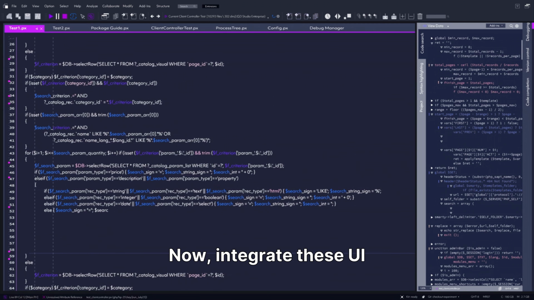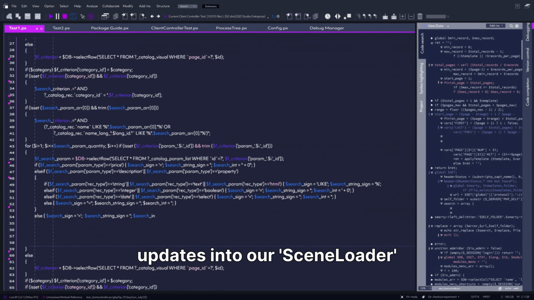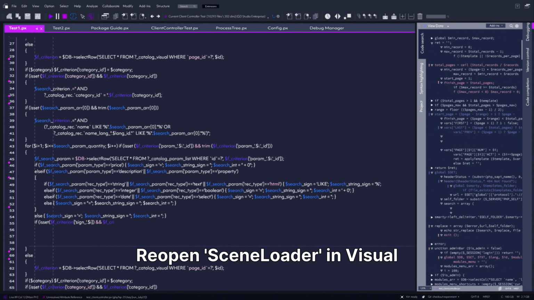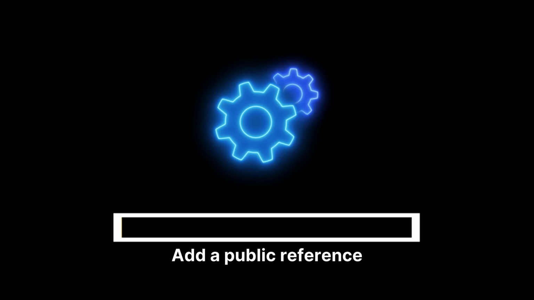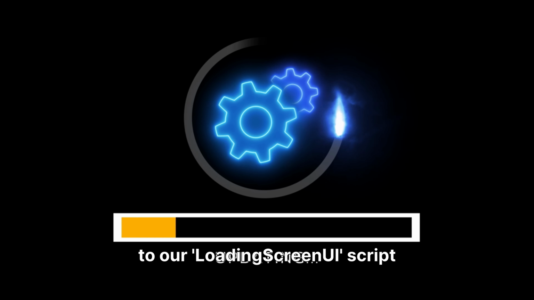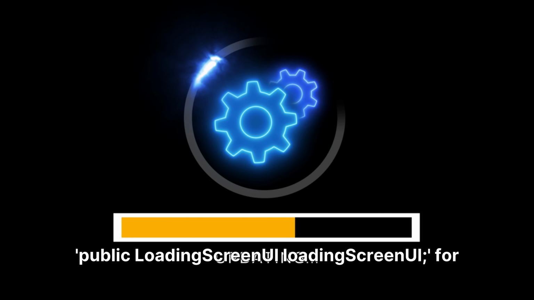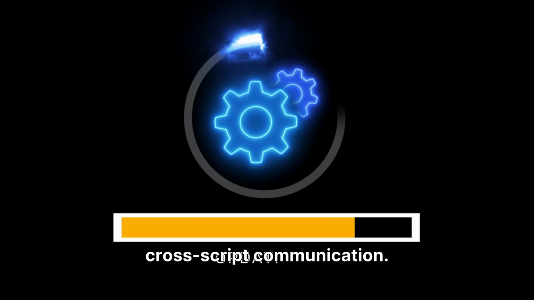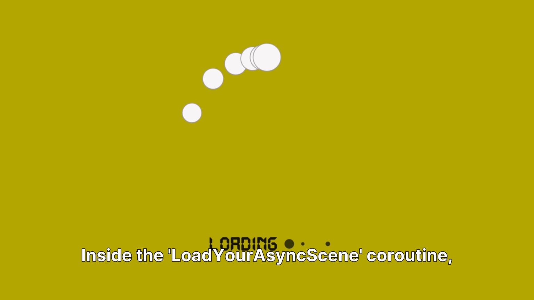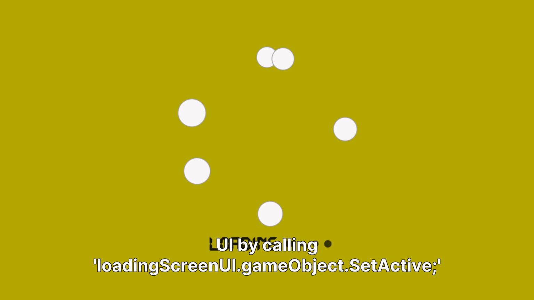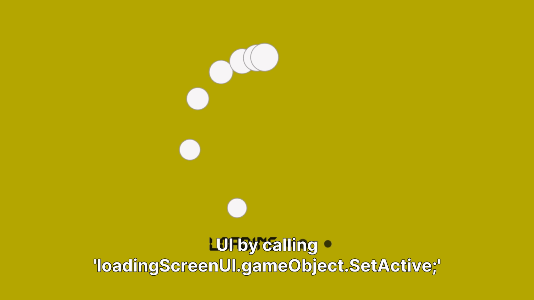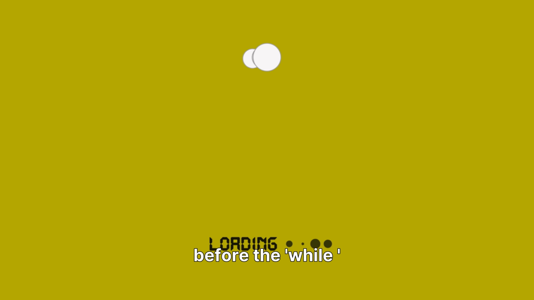Now, integrate these UI updates into our Scene Loader script. Reopen Scene Loader in Visual Studio to connect the pieces. Add a public reference to our Loading Screen UI script within the Scene Loader class, public LoadingScreenUI, for cross-script communication. Inside the LoadYourAsyncScene coroutine, activate the Loading Screen UI by calling loadingScreenUI.gameObject.SetActive before the while loop.